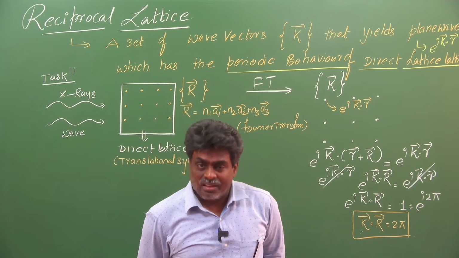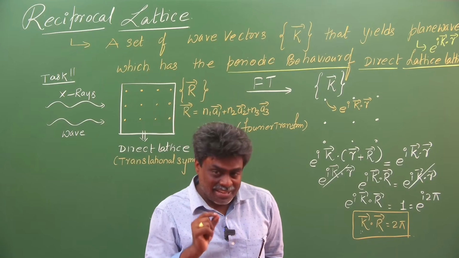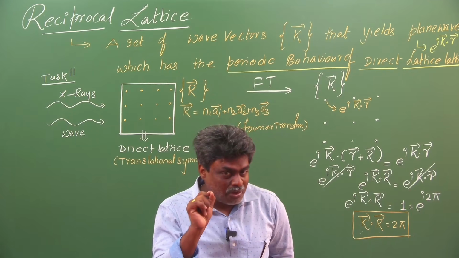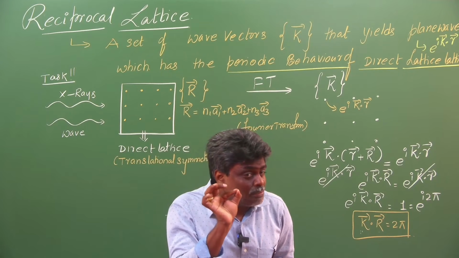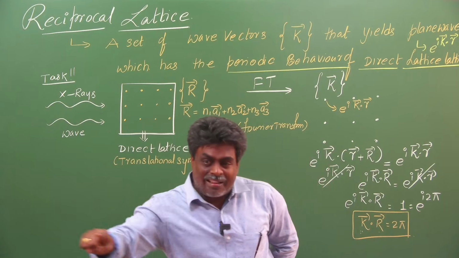The answer is yes. That single point is nothing but your reciprocal lattice point. The beauty of a reciprocal lattice point is that each point represents a set of all parallel planes.